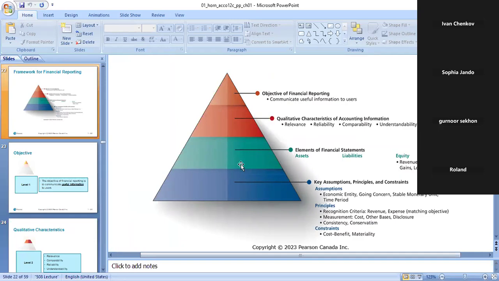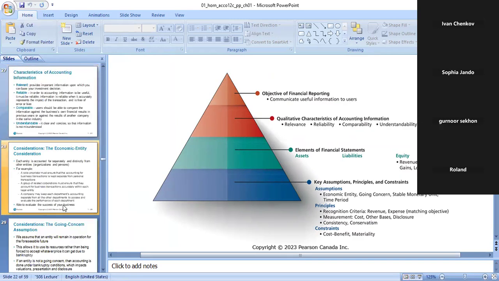Then we identified everything in the assets and liabilities. Then the purpose of all these reports is to achieve relevance, reliability, comparability, and understandability. That's why we make it simple for the external users. And then the last thing is to communicate everything to the users.